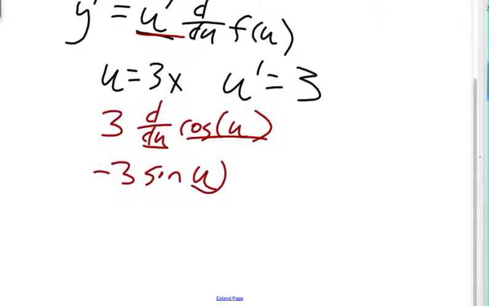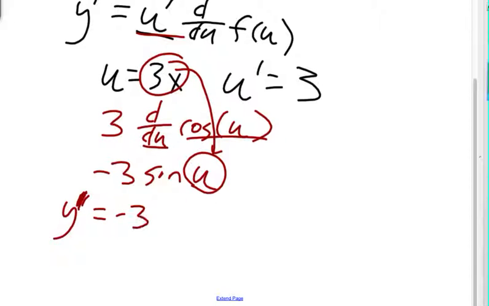Now I come back in, I'm going to replace my u back in here. So my derivative now, the first derivative, is going to be negative 3 times the sine of 3x.